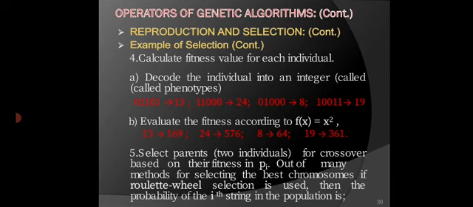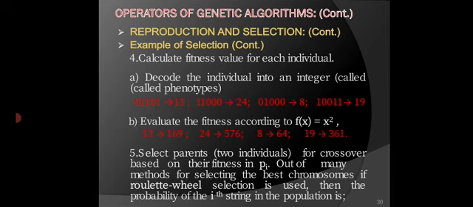Then evaluate the fitness according to the function f(x) = x square. If x is equal to 13, then the value of f(x) is 169. For 24, the f(x) value is 576. Then for 8 it is 64, and for 19 it is 361.